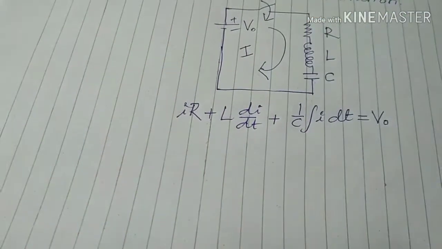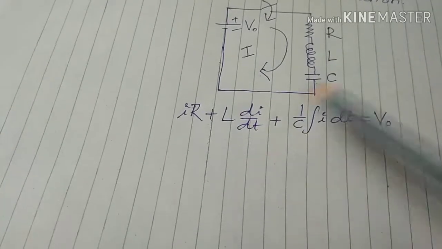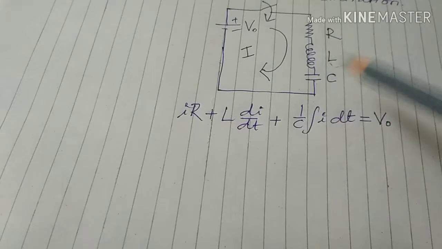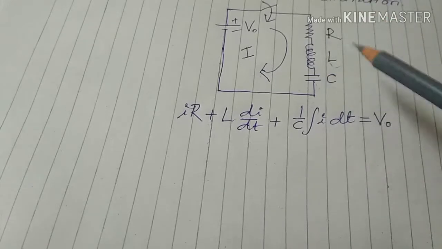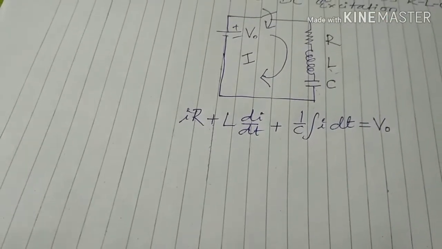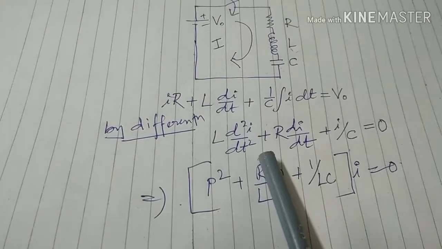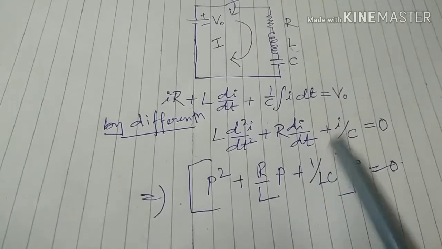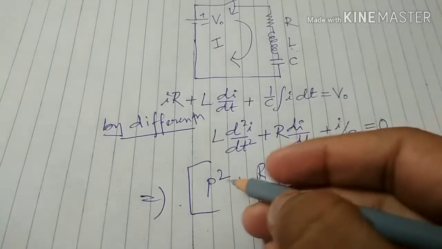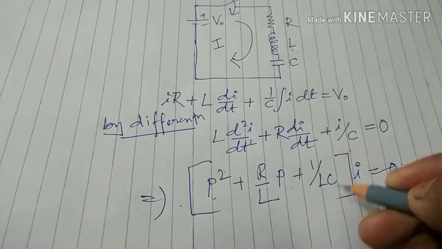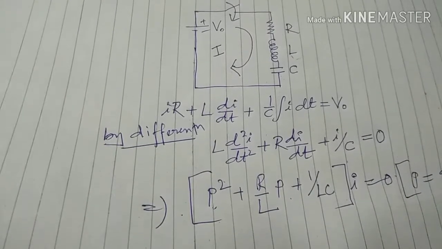V naught is the supply voltage, IR is the voltage drop across R, L di by dt is the voltage drop across L, and 1 by C integral i dt is the voltage drop across C. Now simplifying this equation, we get L d2i by dt square plus R di by dt plus i by C equals 0, and with modification we get P square plus R by L P plus 1 by LC into I equals 0, where P equals d by dt.